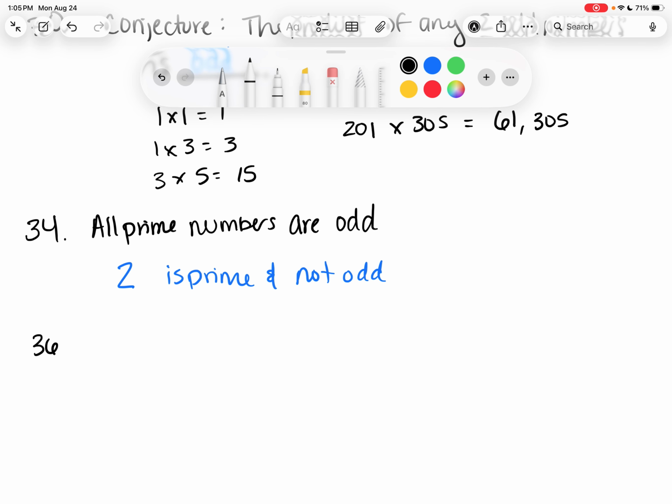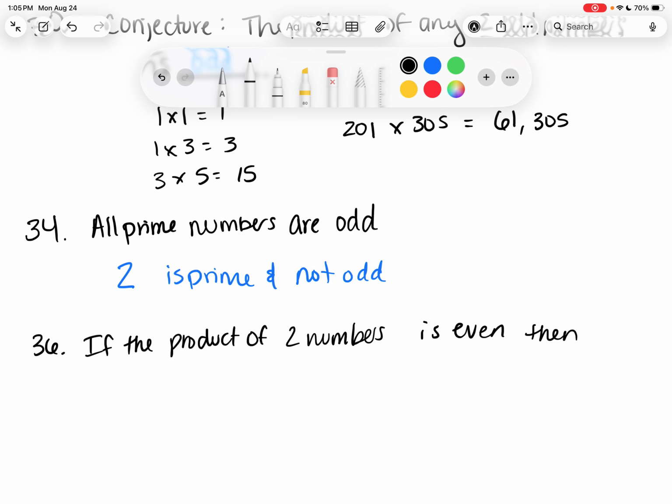36 says, if the product of two numbers is even, then the first two numbers must be even.